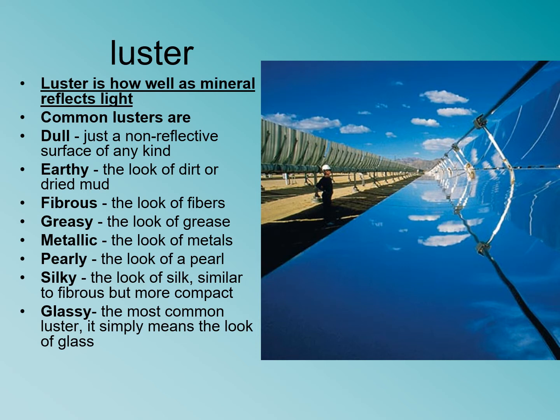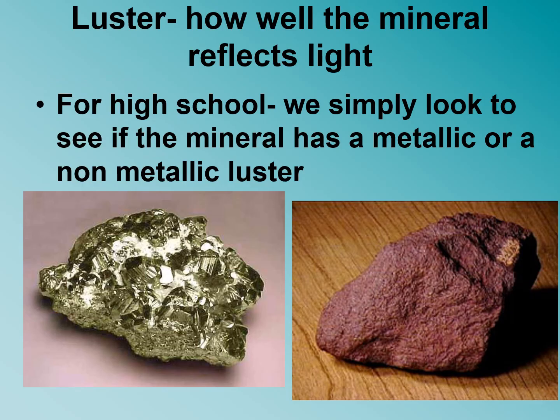Now, there's a whole bunch of them. There's dull, there's earthy, there's fibrous, there's greasy, there's all sorts of things, but we don't use all of them at the earth science high school level. You'd have to go and take geology in college in order to be differentiating between all of these. At the high school level, all we use is, is it metallic or is it non-metallic?